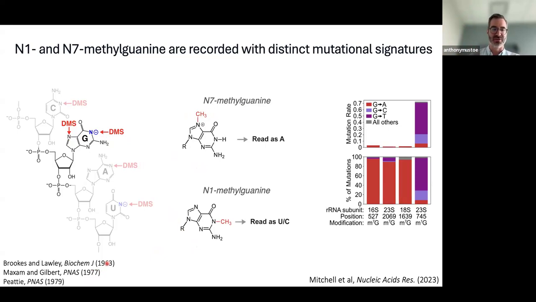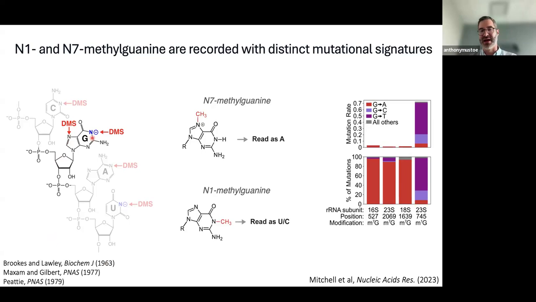This was utilized by Walter Gilbert and others to sequence RNA, but also to measure RNA tertiary structures. But the problem is that measuring these N7 modifications is usually hard because the reverse transcriptase enzyme doesn't traditionally care about the modification at the N7.